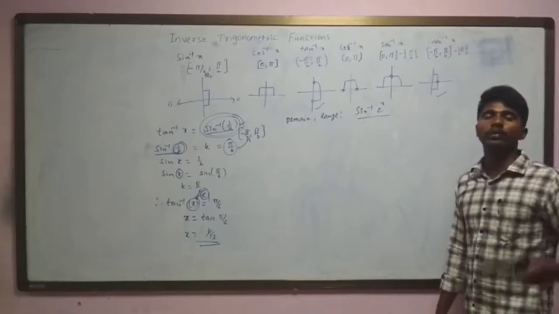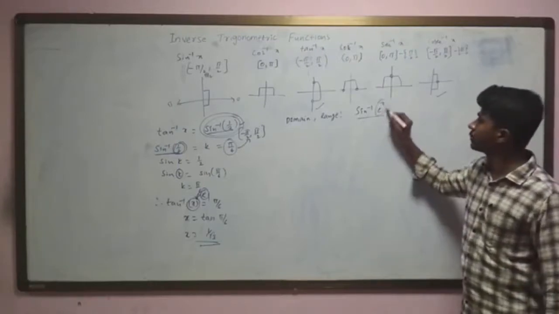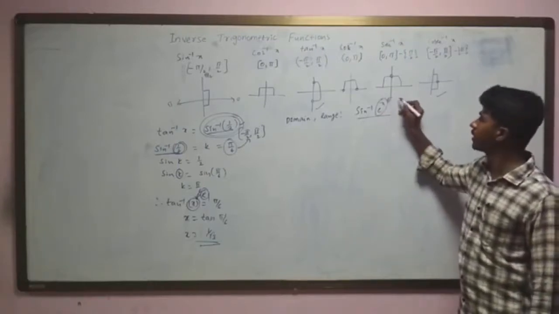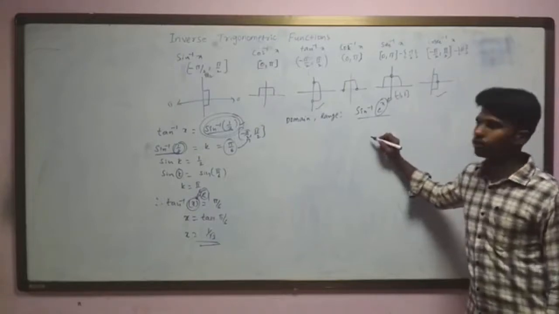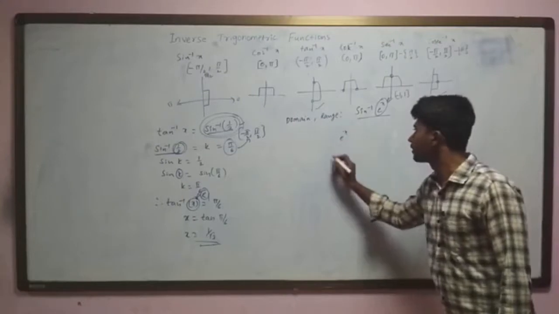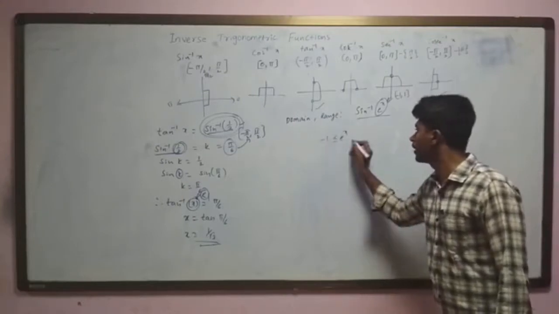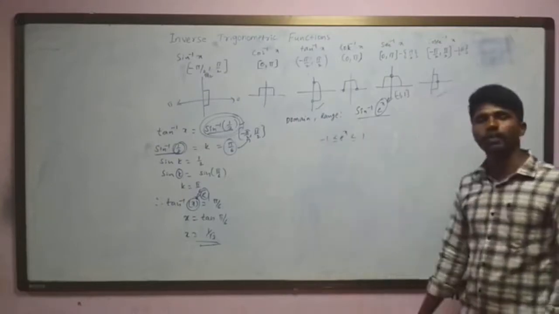So between what values does x exist? I have to consider that this particular thing lies between minus 1 and plus 1. So e power x lies between minus 1 and plus 1.